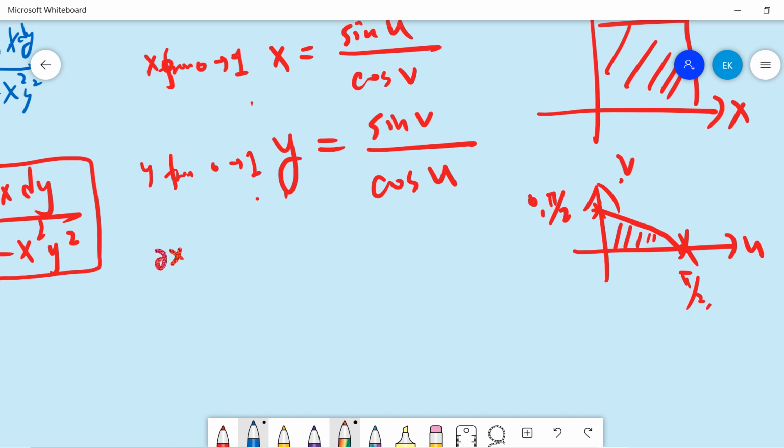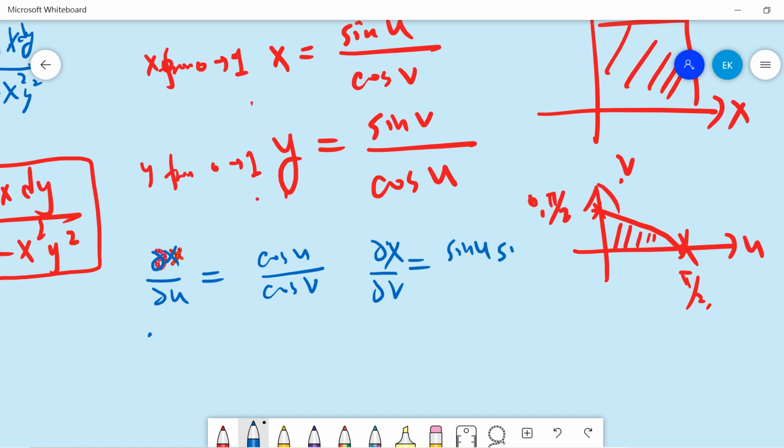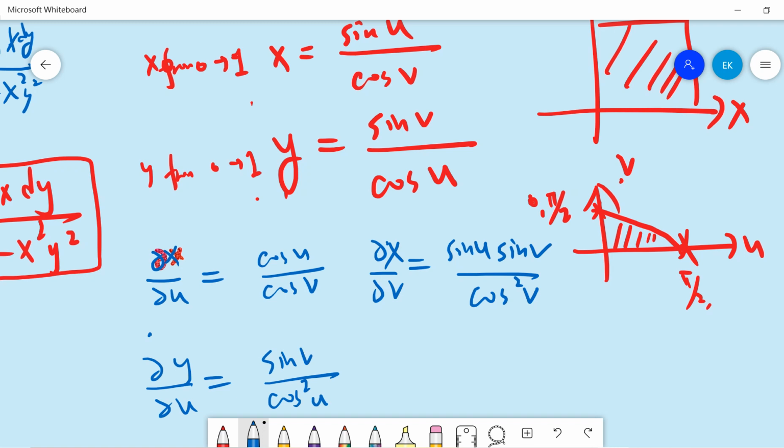Right. So let's do it. Okay, let me change this color. This color is not good. So partial x partial u is equal to cosine u over cosine v, right? And partial x partial v is equal to sine u sine v over cosine squared v, and partial y partial u is equal to sine v sine u over cosine squared u.